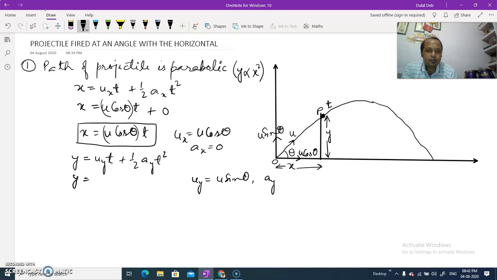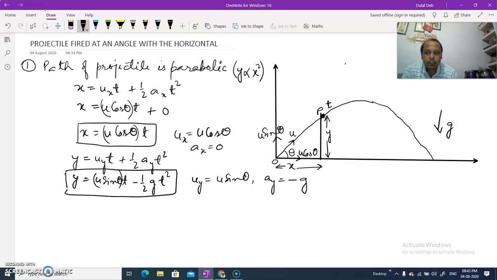Now acceleration due to gravity is always in the downward direction, but u sin theta is in the upward direction, which we have considered as positive. So the downward direction will be negative, so a_y will be minus g. So this equation becomes y equals u sin theta into t minus 1 by 2 g t square. This is the value of the y displacement along the vertical direction.